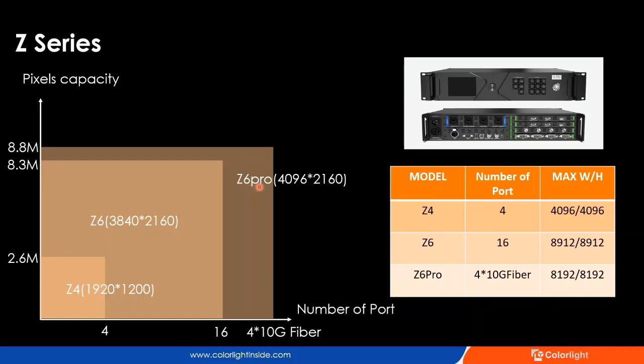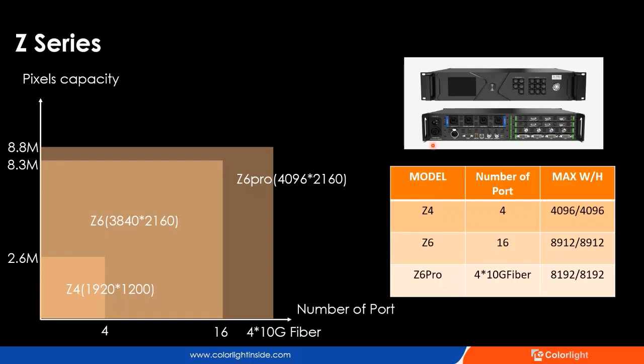Z6 Pro is an advanced processor. It has 4 optical fiber output ports instead of Ethernet ports, 2 for the main, 2 for the backup.